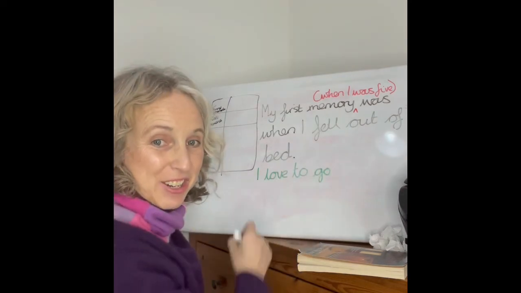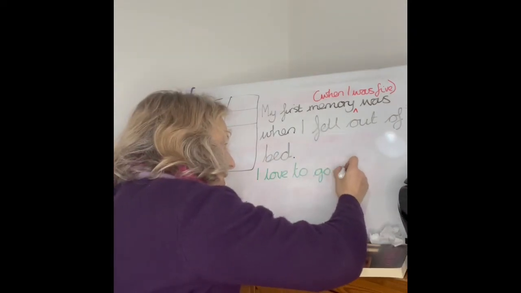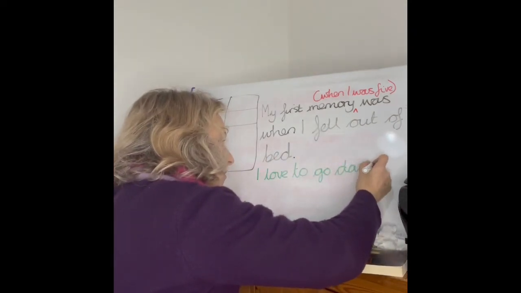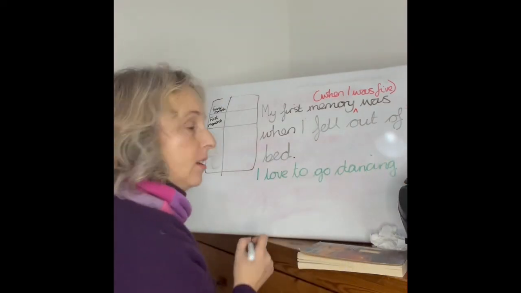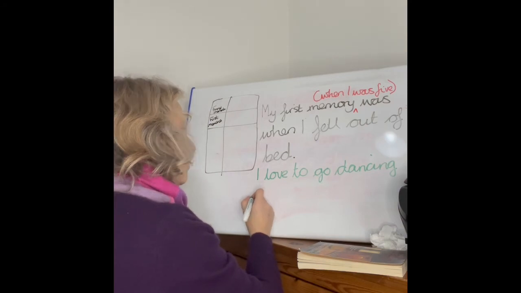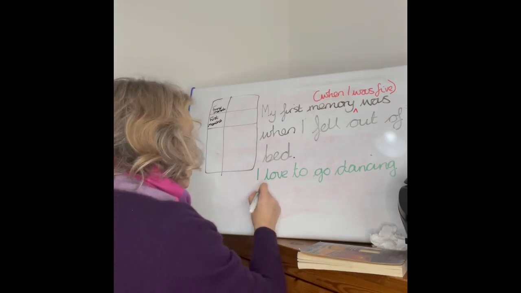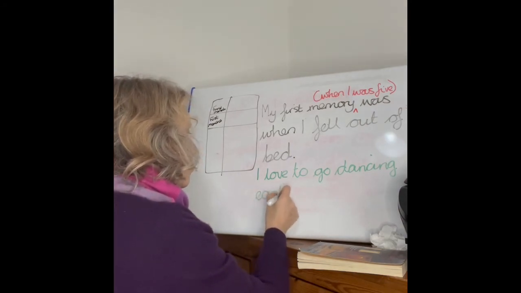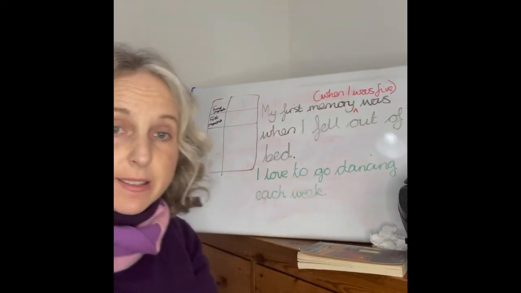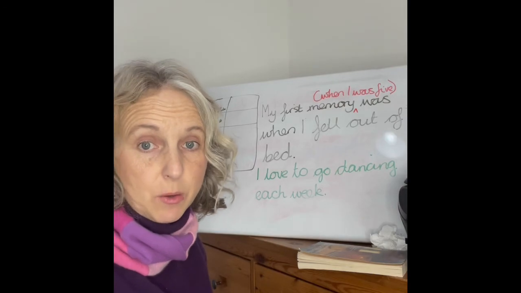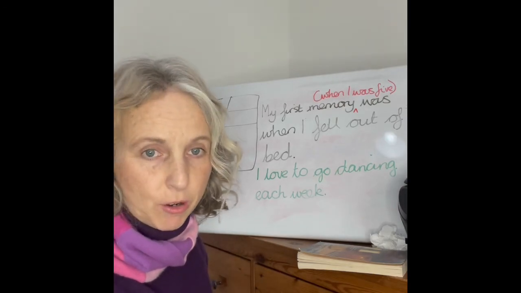You can tell that I really do because that's what I think of. Can you see that still? I love to go dancing each week. Okay, so that was my sentence. I love to go dancing each week, which might be something that I was telling in my autobiography.